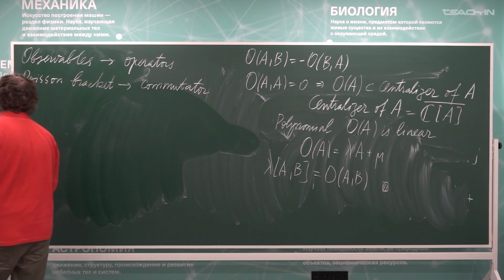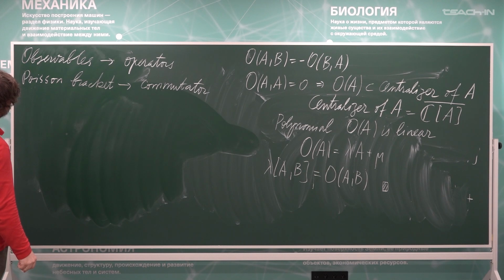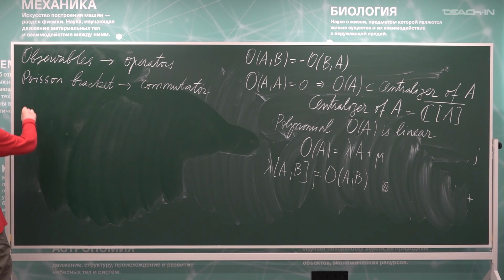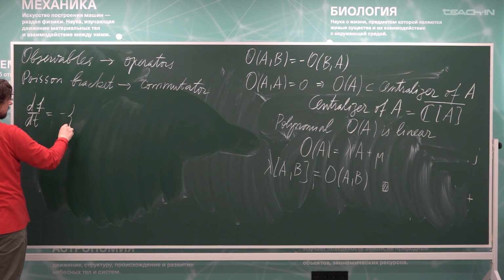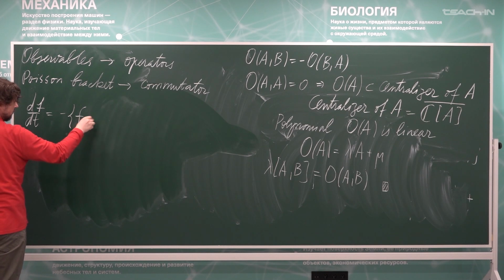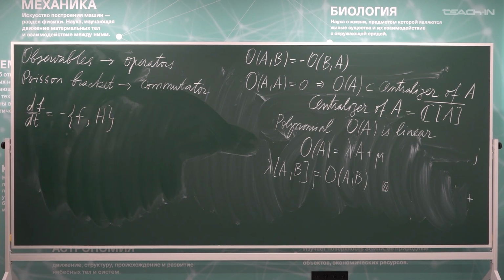Finally, let me recall that the main equation of Hamiltonian mechanics had the form df dt for all observable functions equal to minus the Poisson bracket of f and the Hamilton function h.